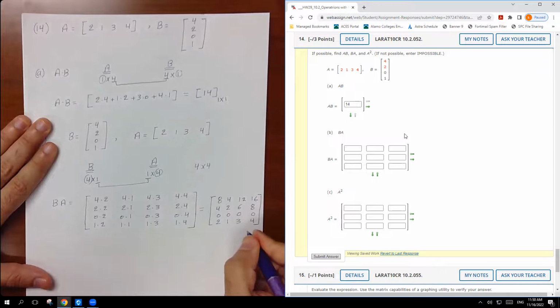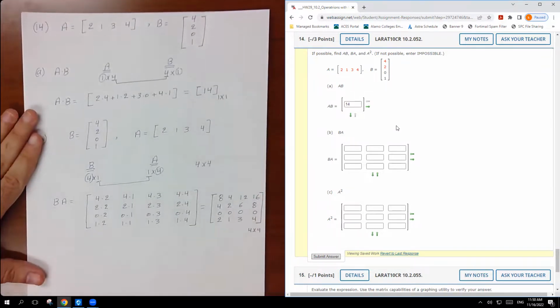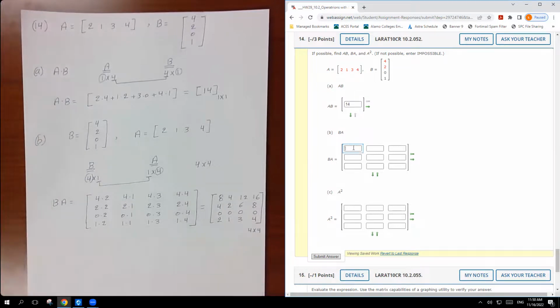And the dimension is 4 times 4. So we're going to type here for this matrix 8, 4, 12, and 16. The second one is going to be 4, 2, 6, 8.